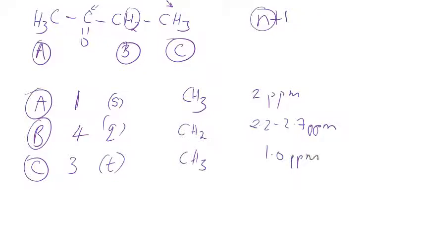So what you would actually end up seeing would be, if this is the axis, and we've got about 11 here, and this is going to be 0 with our TMS, then at 1 you would see a triplet.